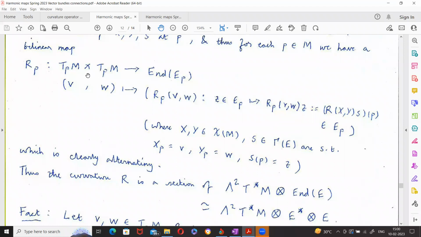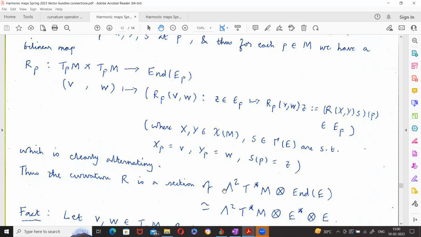So at each point, I get an alternating bilinear map from the tangent space cross itself to the space of endomorphisms of the fiber. In other words, this curvature R becomes a section of a bundle. What is the bundle?